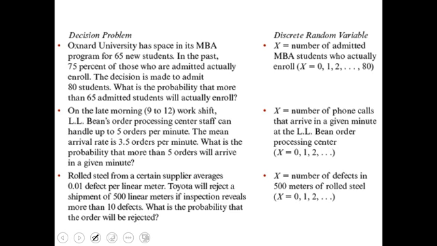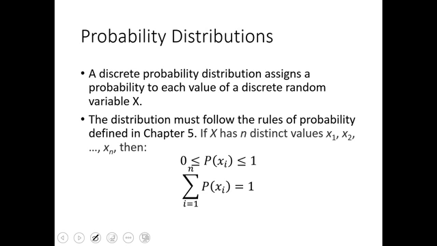So here are examples of random variables: the number of admitted MBA students, the number of phone calls, the number of defects in 500 meters of road steel. Random variables look like a function, and a random variable does not have only one value, but many possibilities to have as an outcome.